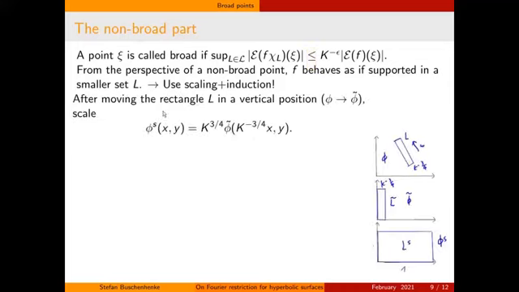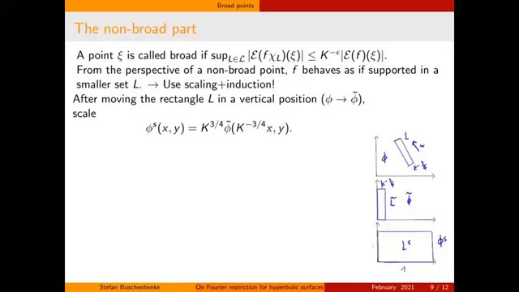Okay, so first what you do is you move the rectangle L to a vertical position. These are the first two pictures here. There's some rectangle with direction omega and thickness k to the minus 3/4, and by some affine transformation, you move it to the origin and you put it upright, so you get a different function denoted by twiddle here. And then in the second step, you scale this to the unit interval.